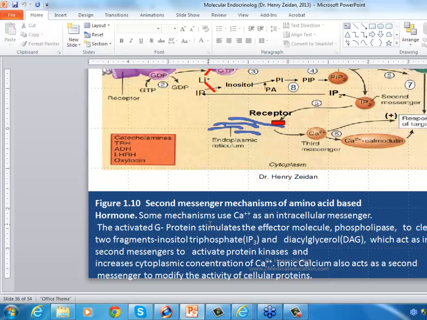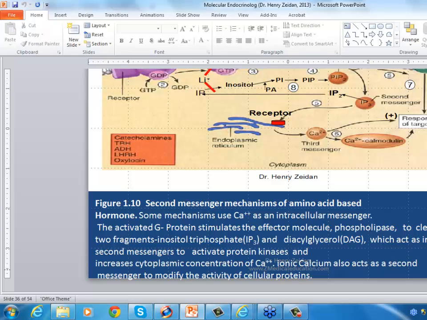We said that second messengers include cyclic AMP. Second messengers include calcium ions. We said the G proteins are involved with activation of phospholipase that tends to cleave PIP2 to two fragments, inositol triphosphate, that's IP3, and diacylglycerol that can also act as a second messenger to activate protein kinase C. Common question, you have to clearly understand the function of protein kinase A versus protein kinase C. Common question on the USMLE exam.